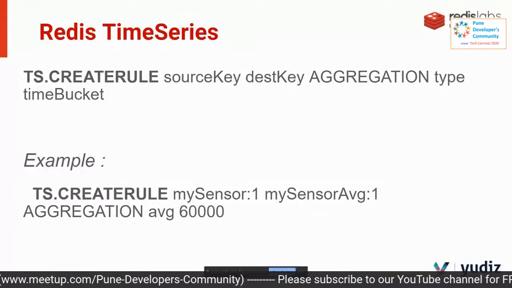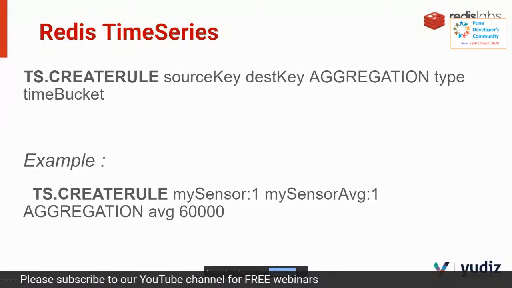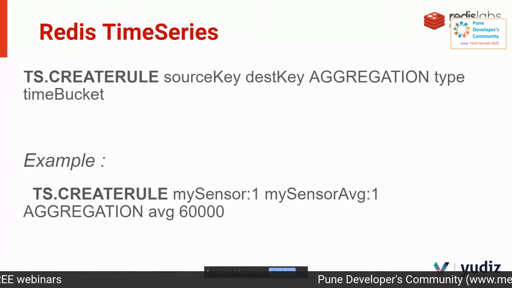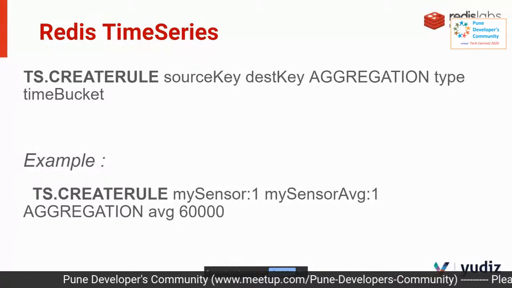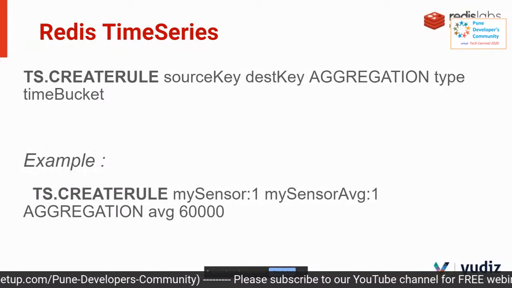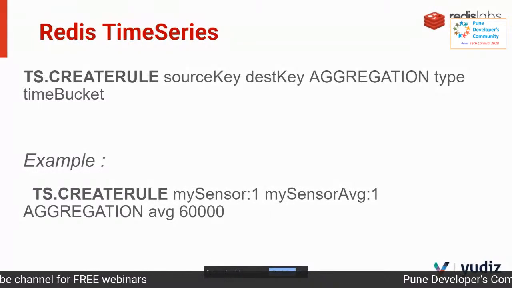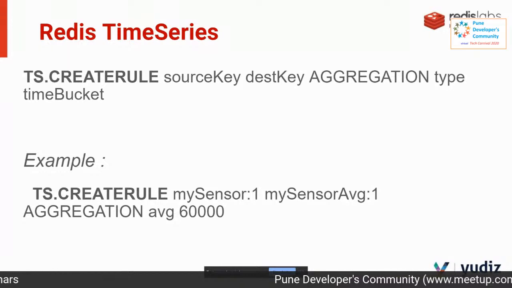So what we can do, instead of aggregating on a per hour basis each time, is create a rule. Here we can provide a source key and a destination key. In the destination key, new data will be stored by the aggregation. I have specified here average with a 60,000 milliseconds time bucket.